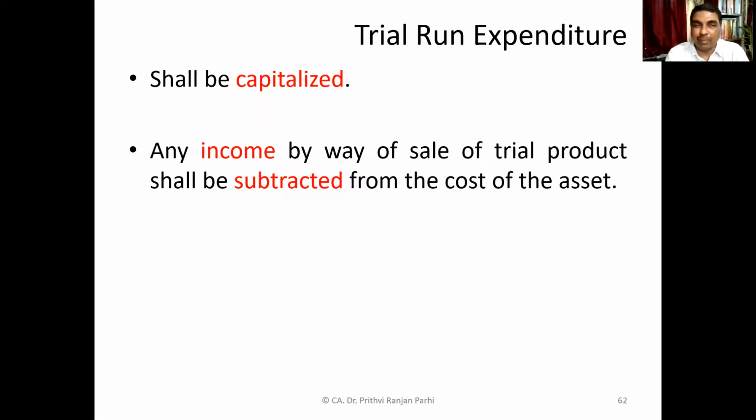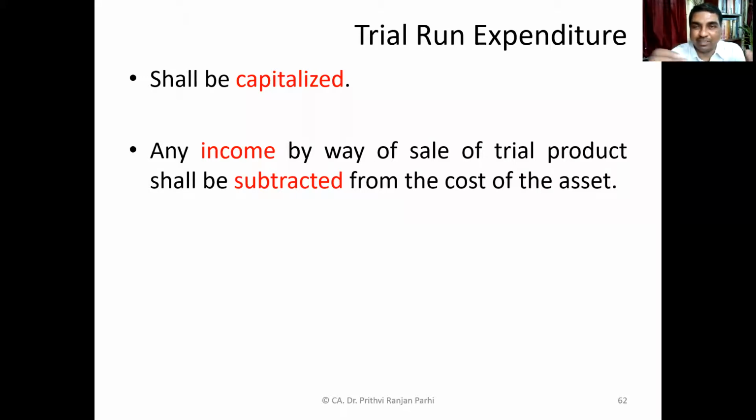When machine, equipment, etc. is purchased, there might be some expenditure on trial run. This trial run expenditure shall be capitalized. That means the value of the asset shall be increased to that extent. To that extent means to the extent of expenditure incurred on trial run. And in case through that trial run, some output has been produced and that is sold out and some revenue is generated, so that is an income.